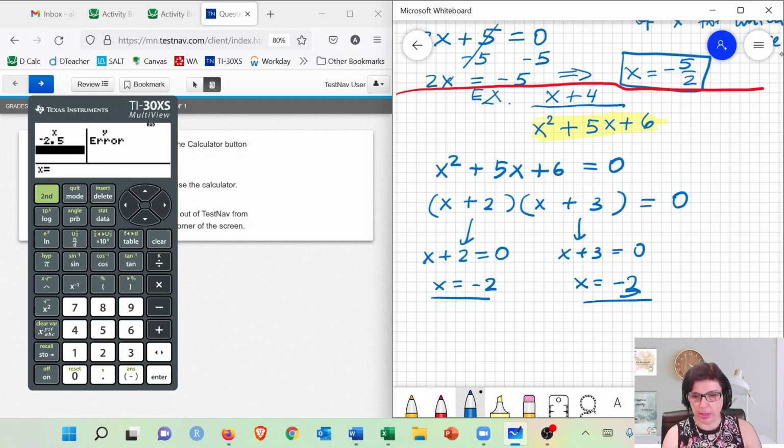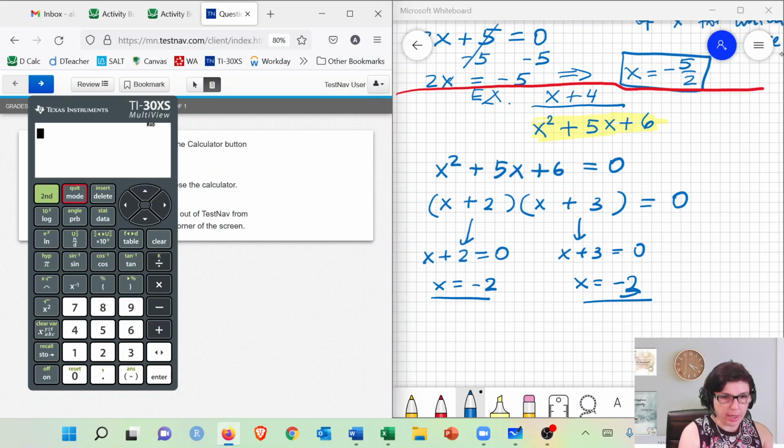So I know that those are the values when the bottom will become 0, and the whole thing is going to be undefined. To check that, let's go to the table. I'm going to clear what I have and enter the new expression. Again, the top doesn't matter. You can actually enter whatever you want. You don't even have to enter x plus 4. You can put 1. It doesn't really matter. The bottom is what matters. So it's x squared plus 5x plus 6.